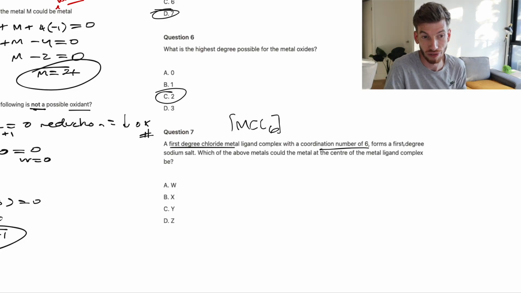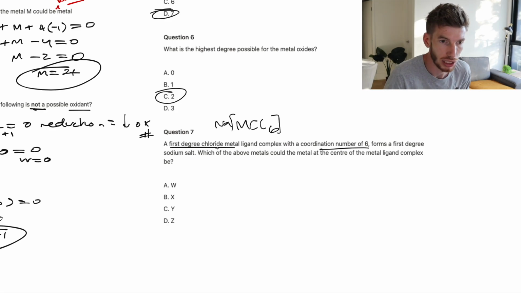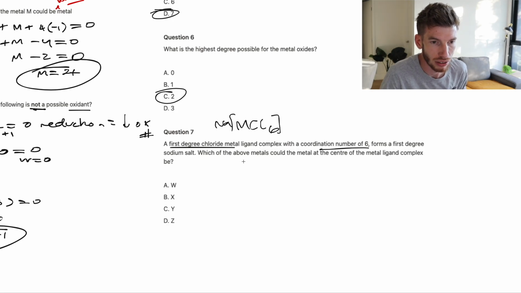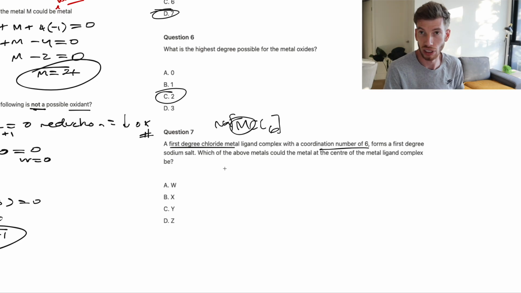That forms a first degree sodium salt. So when you put sodium in it, because it's first degree, it means you have 1 sodium attached. And there we go. And it didn't say anything about charge, so we can assume that it's neutral. And so then that is everything that we need. And then we're working out what metal could this be. So we have to work out its oxidation number to identify what metal it is.